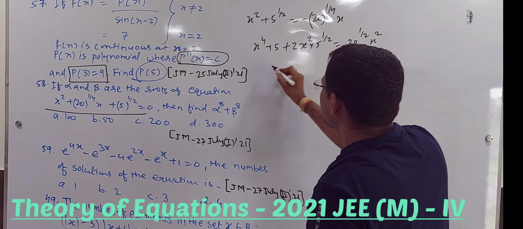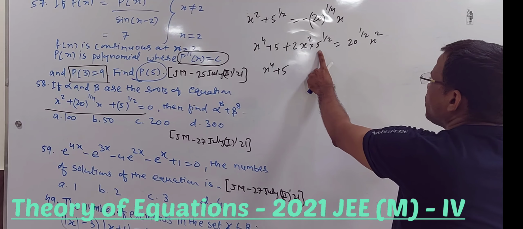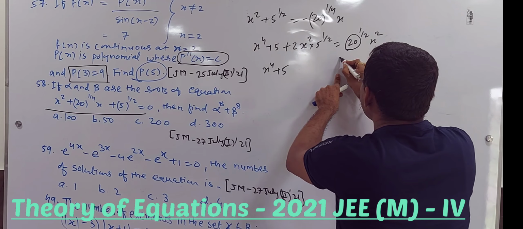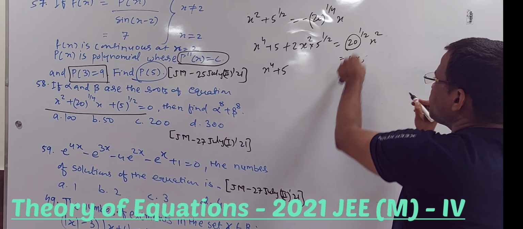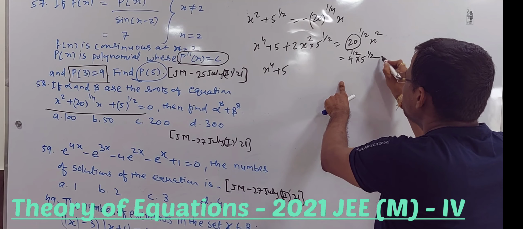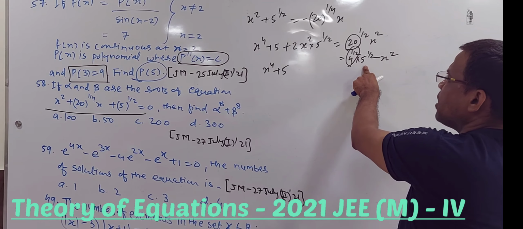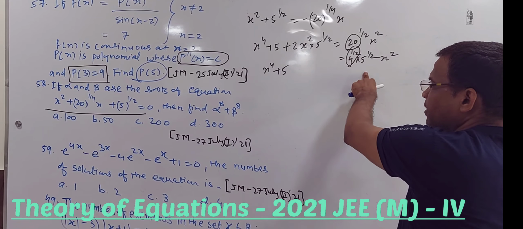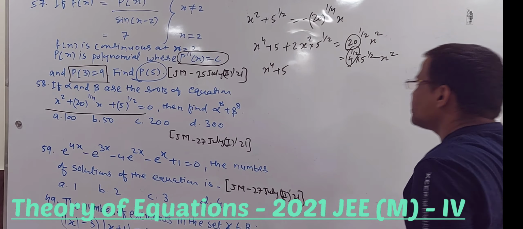So can I club it out? Let us take x power 4 plus 5 here, and x square 5 power half. Can I write this 20 as 4 times 5? Then 4 is power half and 5 is again power half, times x square. So this becomes 2, 2 times 5 power half x square. So 5 power half x square again is 2. Here again it is 2. So can I cancel the two 2's?